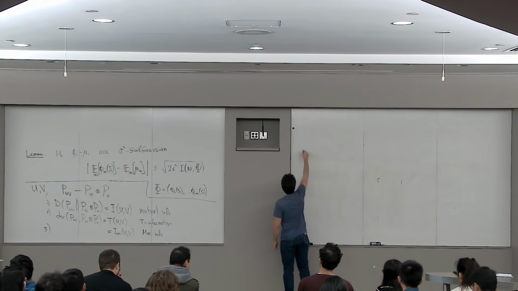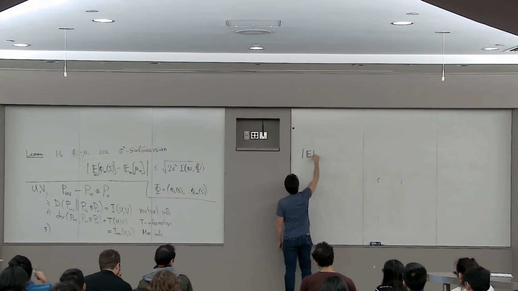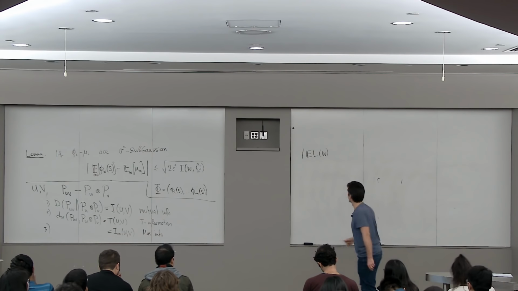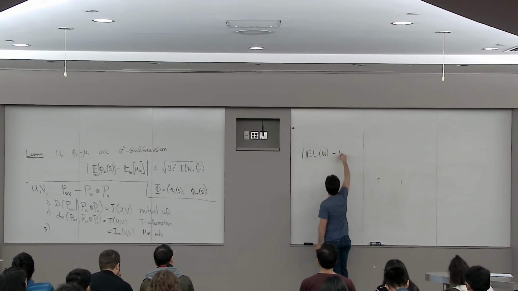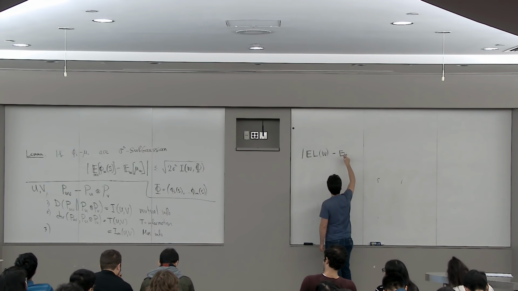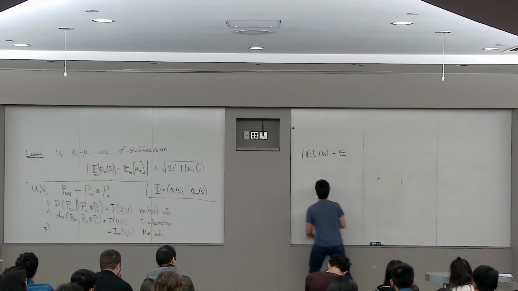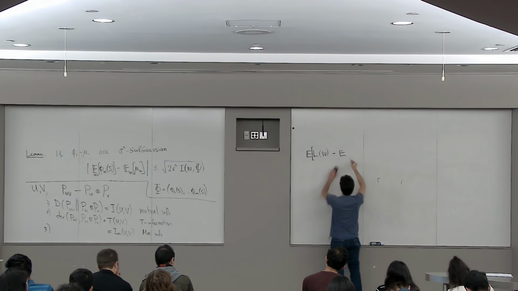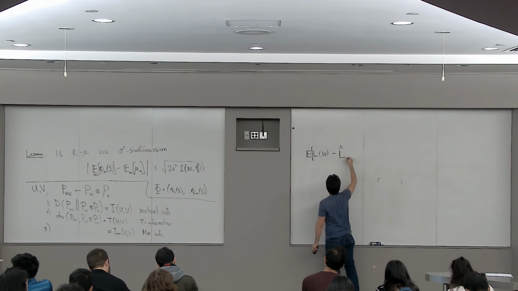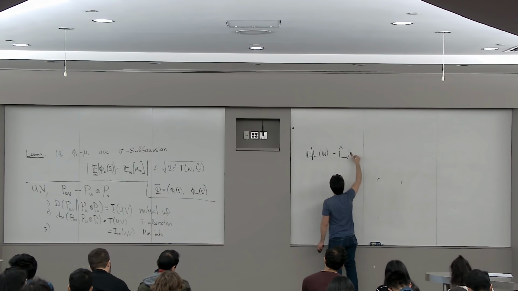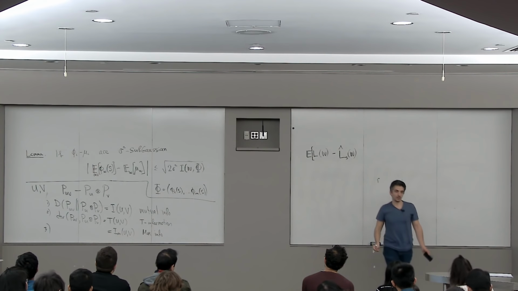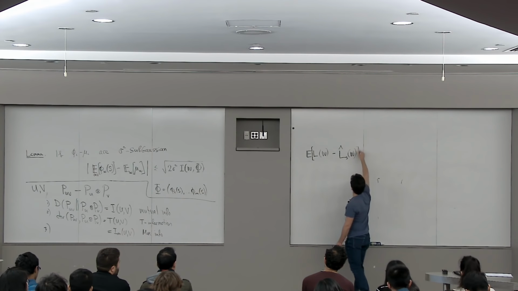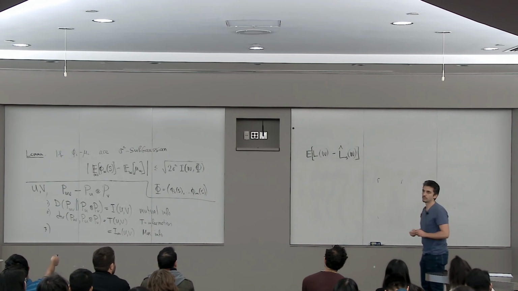So let's look again at the expected loss of your randomized algorithm minus the empirical loss with respect to a set S of W, where you're evaluating again on the same set on which you've computed the W.